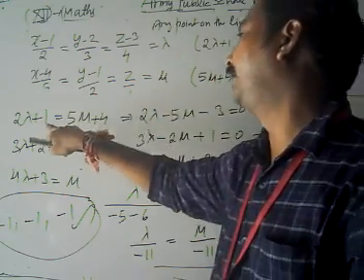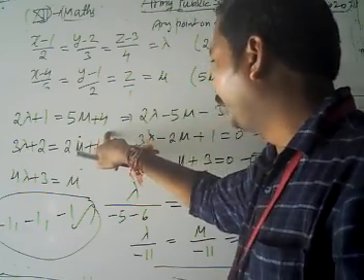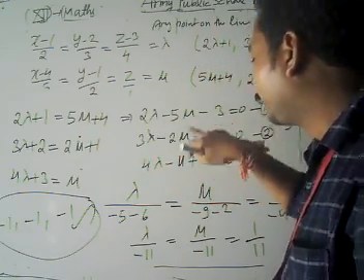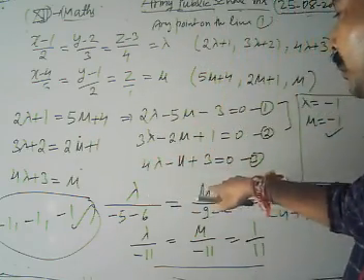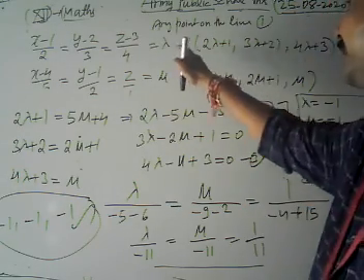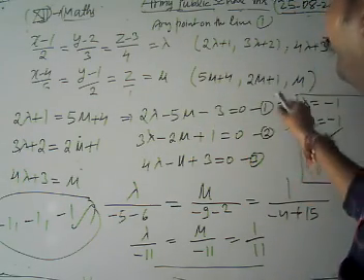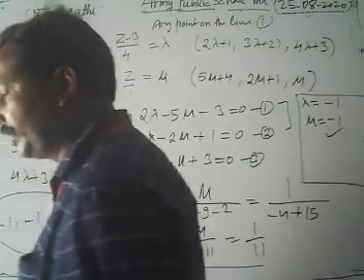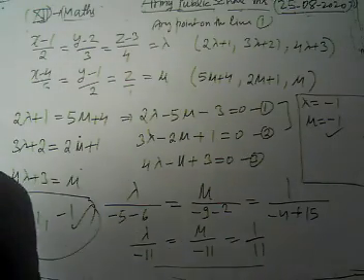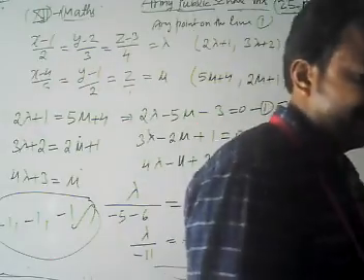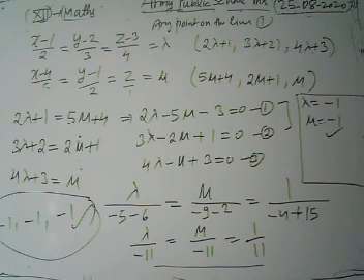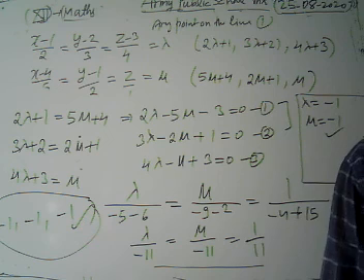Then we compare the coinciding parts and get 3 equations. After solving the equations, we find the values of the arbitrary constants lambda and mu, and putting these values on the general point, we get the point of intersection. This is our first topic, where we find the intersection point where our lines intersect.